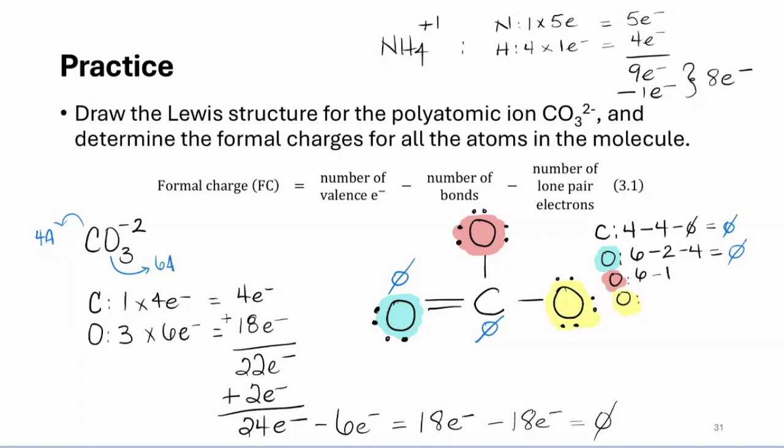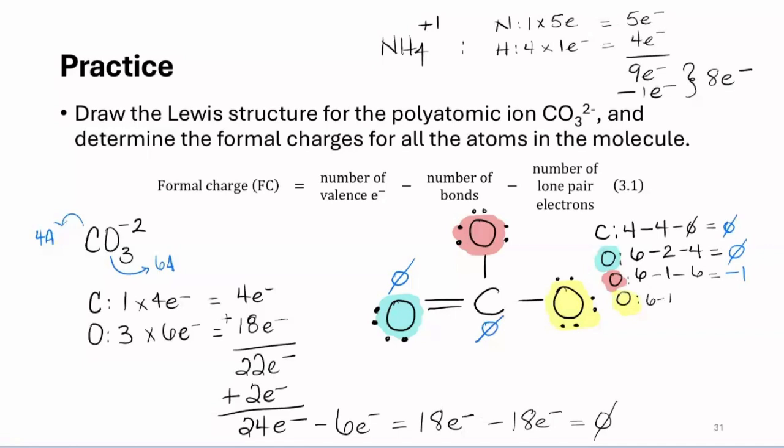Oxygen only has 1. Then we're going to subtract from that the number of dots. Around the oxygen, we have 1, 2, 3, 4, 5, 6. Minus 6. So that means that when we subtract 1 from 6, that's 5. 5 minus 6 is -1.